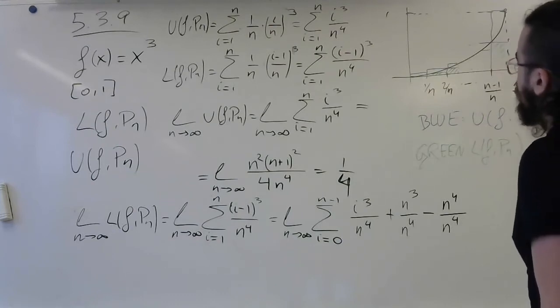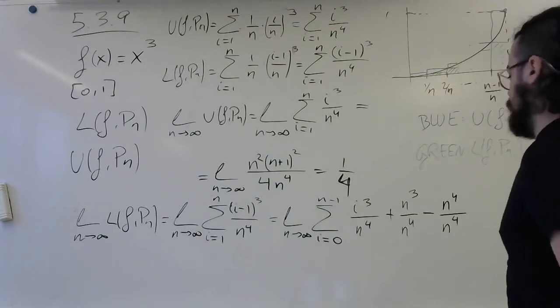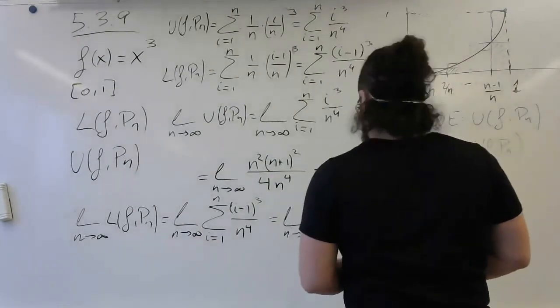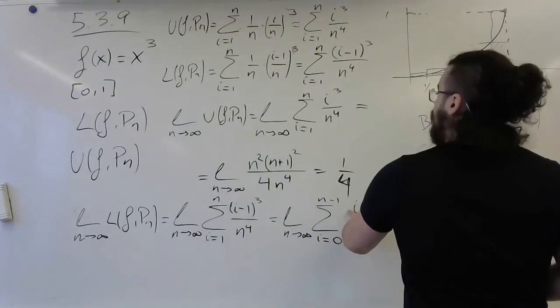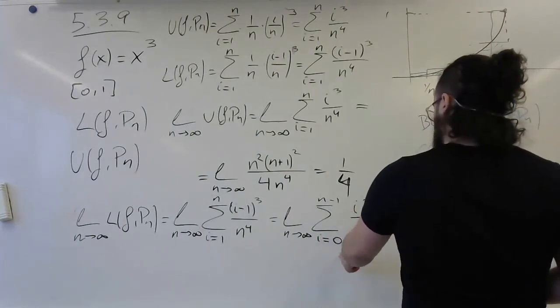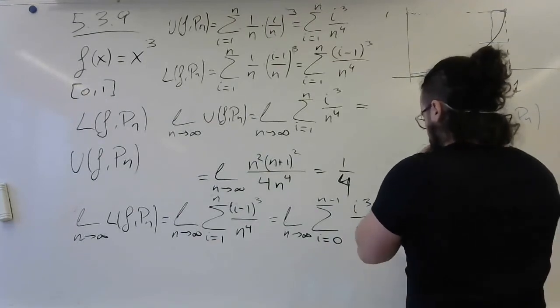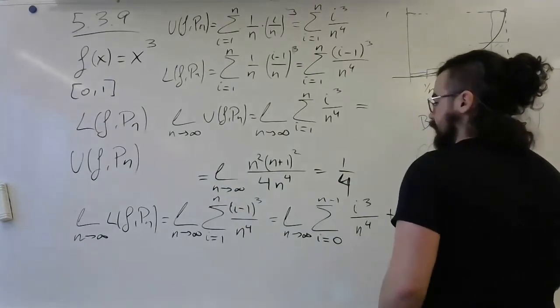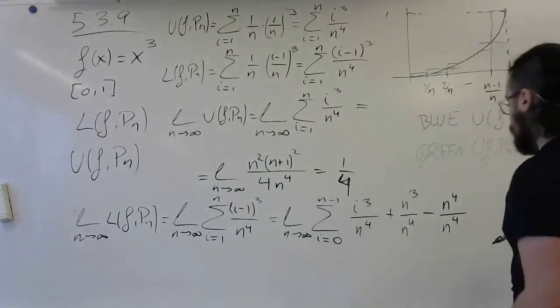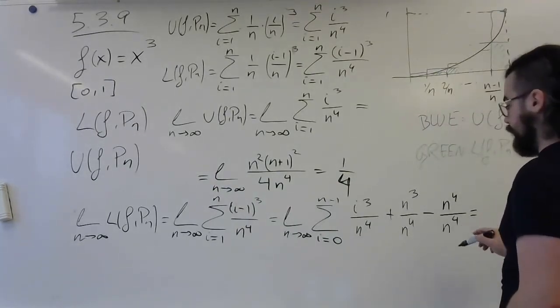Is this correct? Term 0, this is 0 here. Add term n, subtract term n. So we should be good to go.